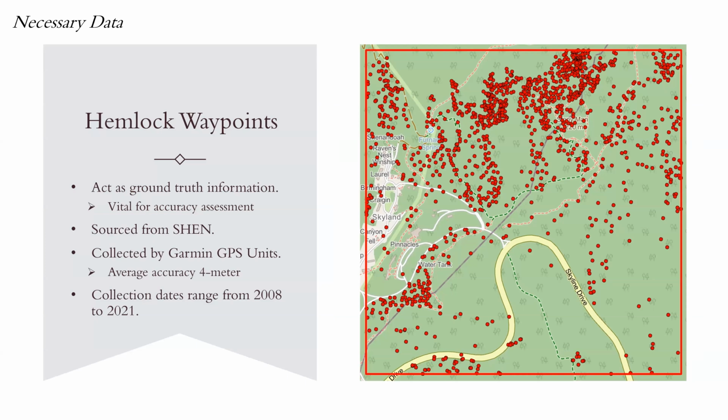So let's take a closer look at the data I'll need for this project within a smaller portion of the main study area I just showed you. The first source is a set of hemlock waypoints I got from Shenandoah, and those will act as ground truth information to check my results. The waypoints were collected between 2008 and 2021, and each point represents an individual live hemlock tree in the park.